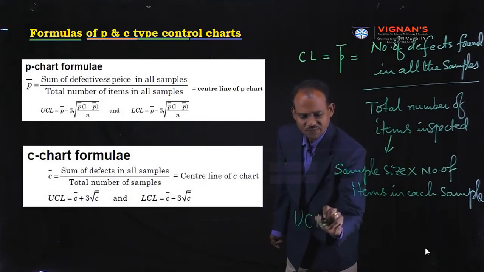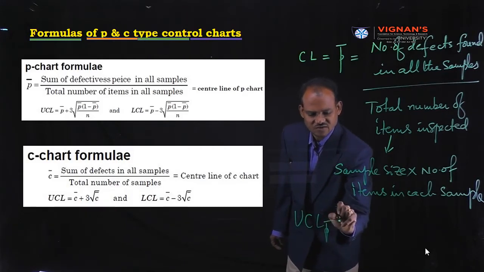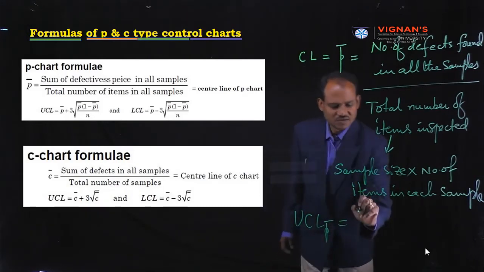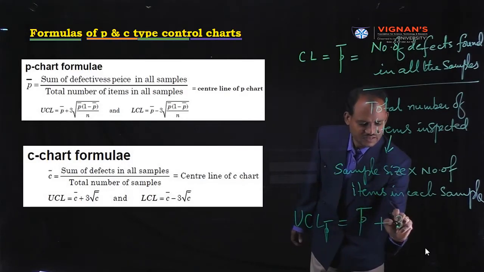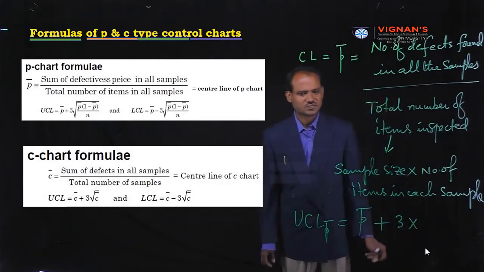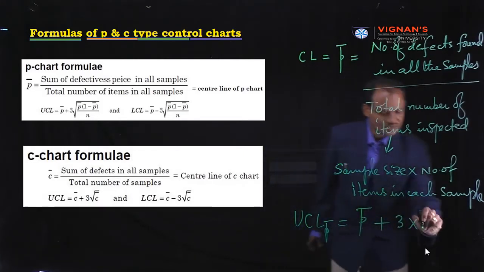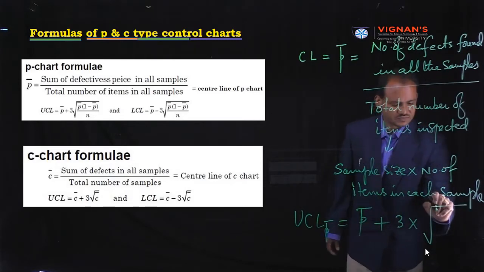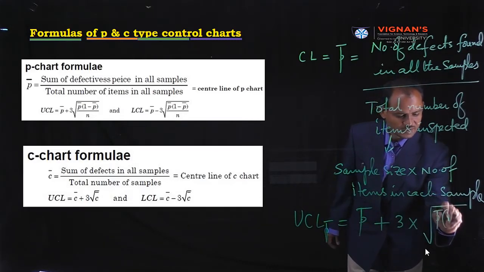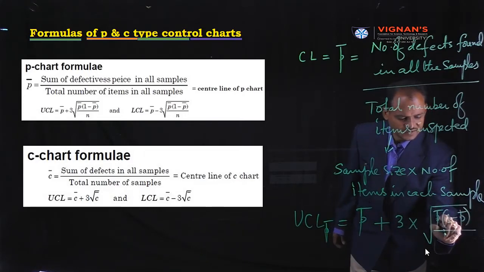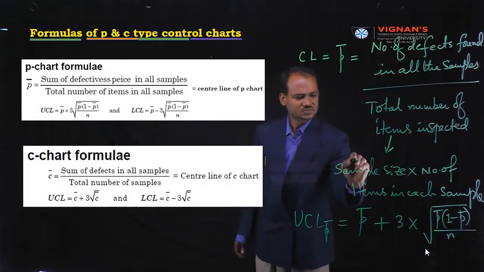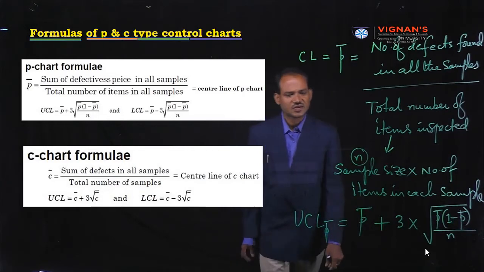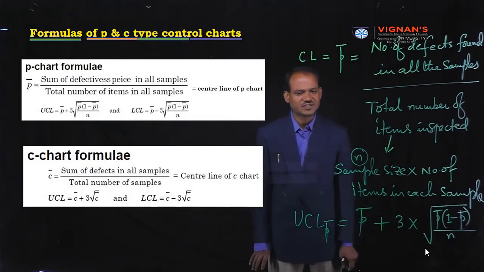UCL, the upper control limit in case of the P chart, is equal to P bar plus 3 into, not cube root, 3 into square root of P bar into 1 minus P bar divided by small n. Small n means sample size. Capital N means number of samples.